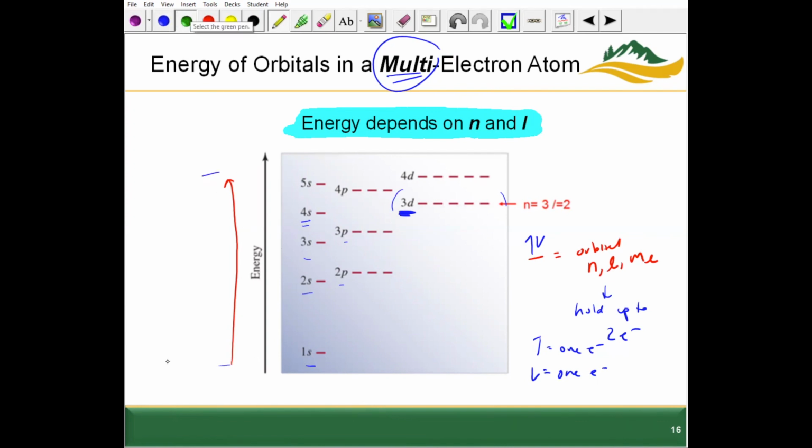Lowest energy is more stable. Lower energy, more stable. If we're at some higher energy, that's not as stable. For an electron to be at a higher energy subshell, that means it can more easily get plucked away from the atom. The electrons that fall down here in the inner subshells are more stable.